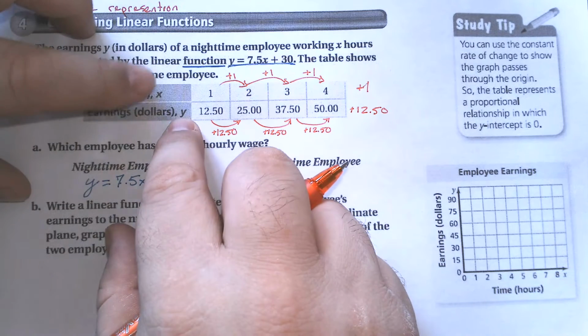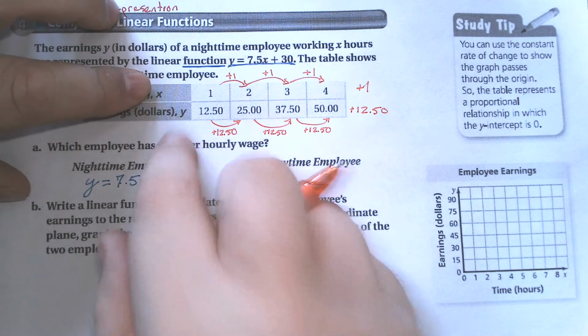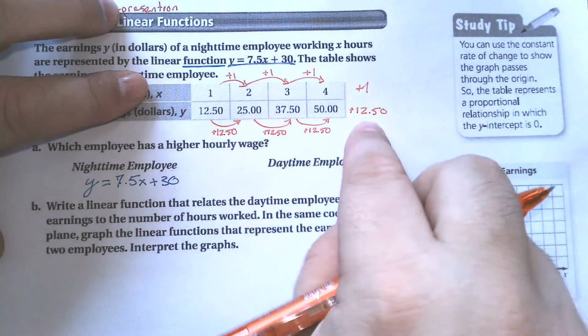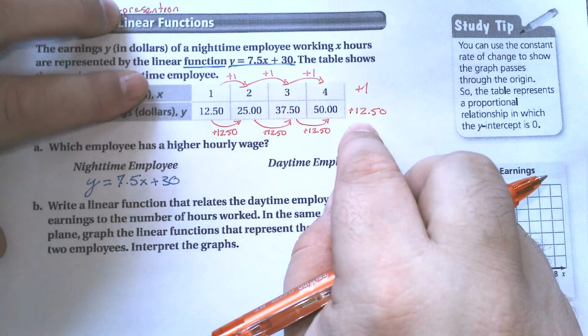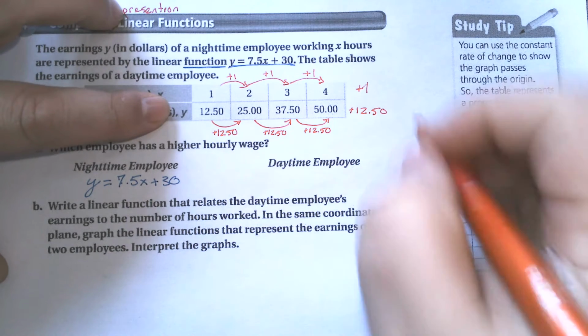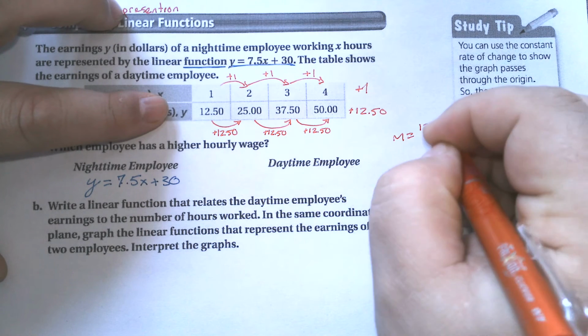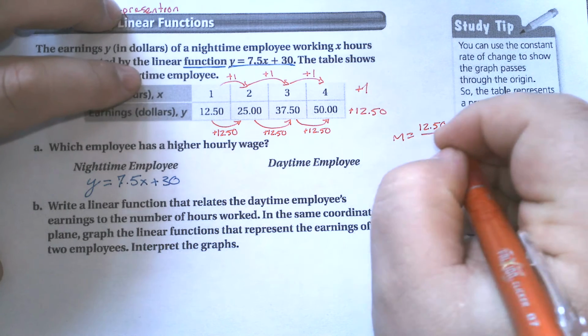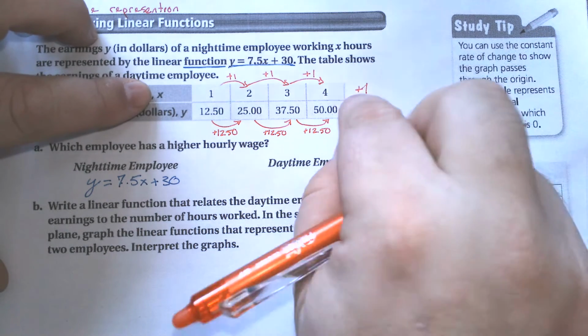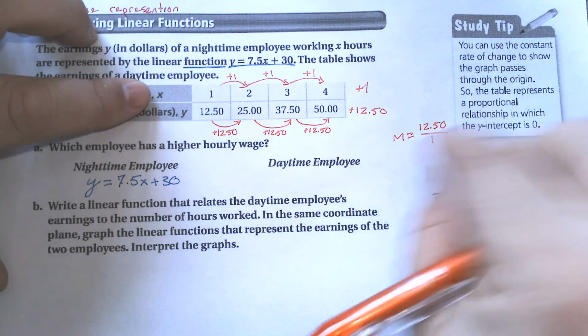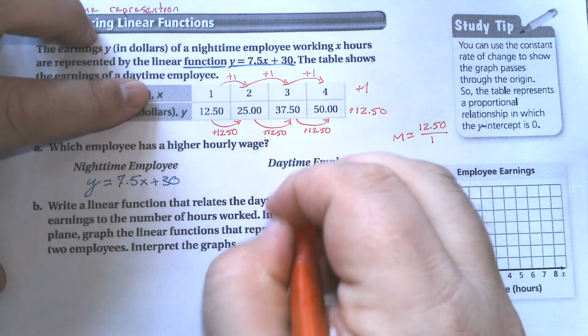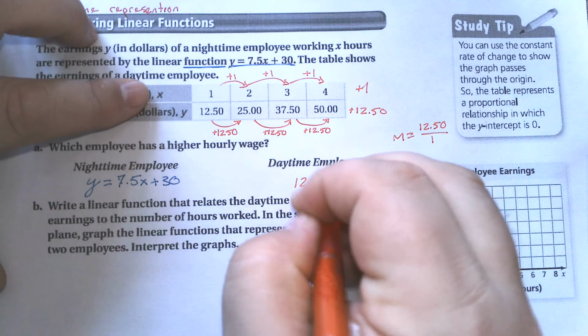Well, y and x. I can use that for my slope. The change is what I just found. The change in y is $12.50. So I have my slope equals $12.50 over the change in x, or in this case I found 1. So $12.50 over 1 is just $12.50.